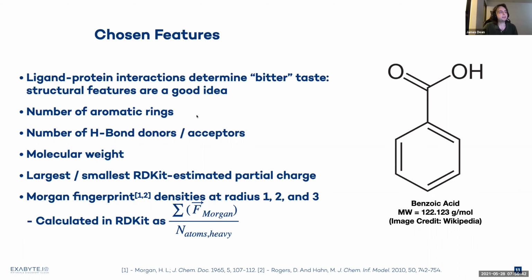RDKit has this fingerprint density for Morgan fingerprints, which takes the sum of all those ones and zeros and divides it by the number of atoms in the molecule. So conceptually, it can be thought of as how many chemical features are in a molecule, and sort of the density of that. It's a little bit less interpretable than the other ones, but it may be important to include.